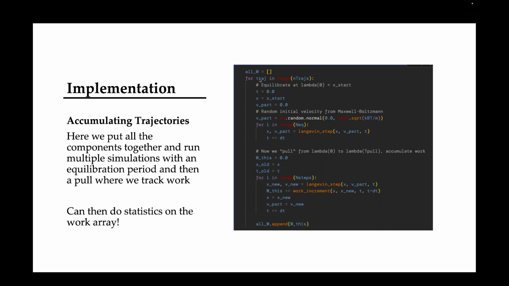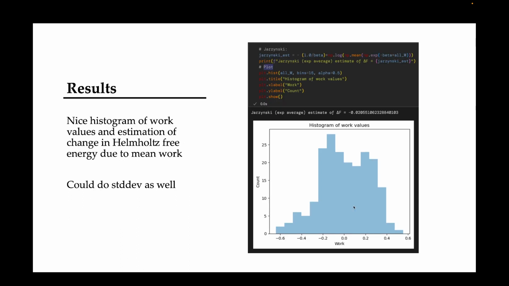And then we essentially have an array of work values, and for each trajectory that we want to collect, we can collect work values. And then we can do statistics on this array, right? We can find the mean work, we can find the standard deviation of the work, we can use Jarzynski's equality to get us to the change in free energy from this initial state to our final state.